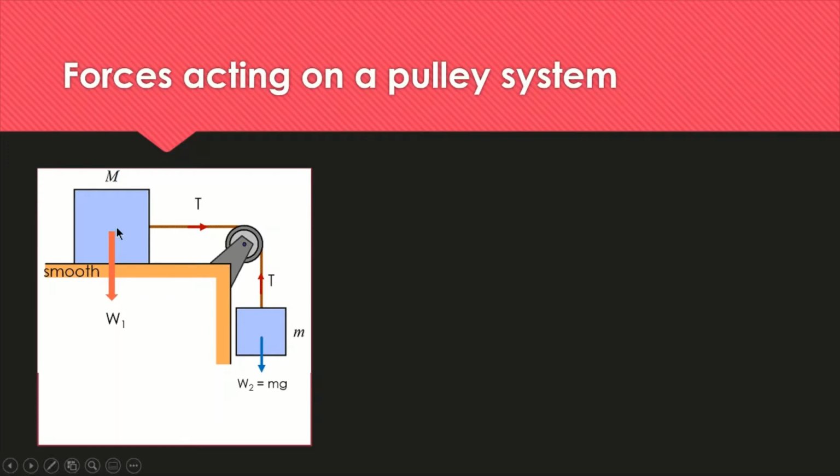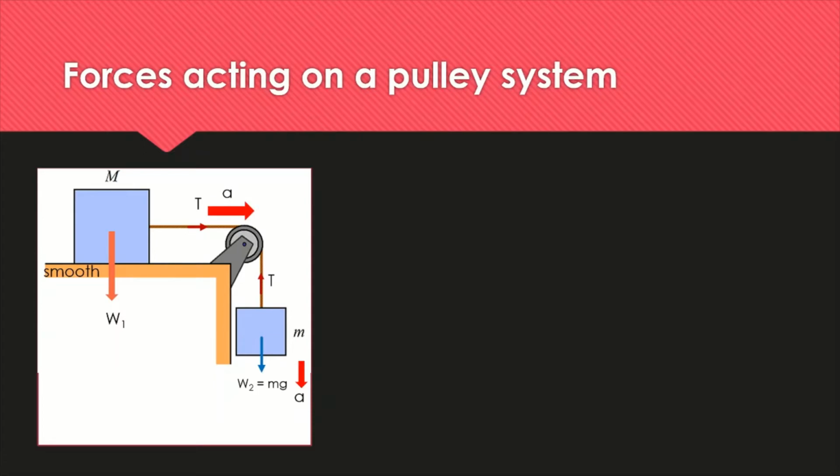So number one, of course, this load that is placed on the table will have its weight, W1, acting downwards. And this smaller load will have its weight acting downwards too, and we name it W2. So when this system is let go, it will move.